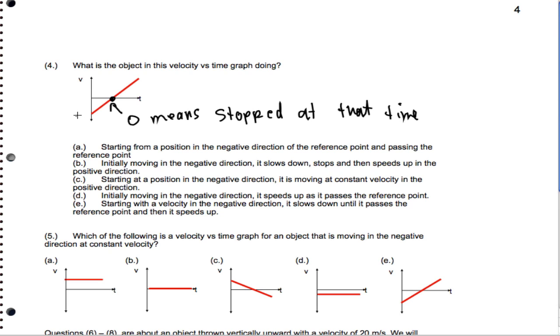So here we start off with negative velocity, and then we start going to positive velocity. So we really need to be clear that it stops at some point, and then speeds up.